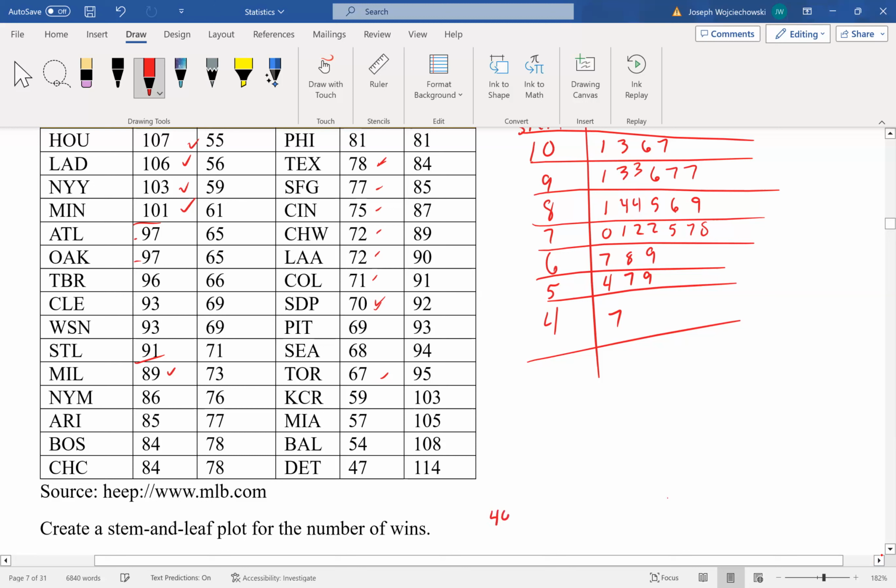So we'll go 40, 50, 60, 70, 80, 90, 100, 110. Okay, that's our number line.